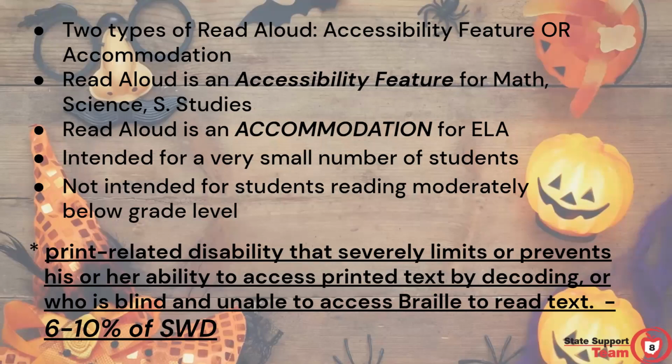Then there's the read aloud that is an accommodation. It's an accessibility feature for math, science, and social studies. And the reason for that is exactly what Helen just spoke to, because we're testing their math skills, their science skills, their knowledge of social studies.